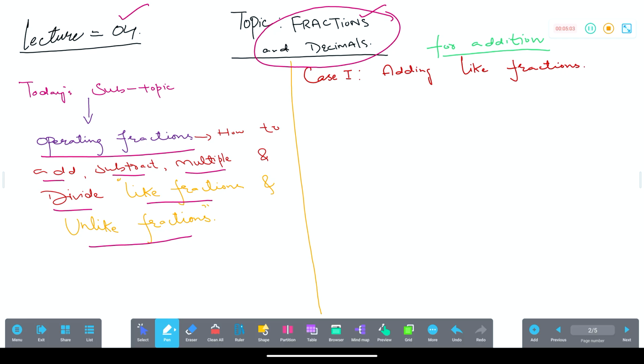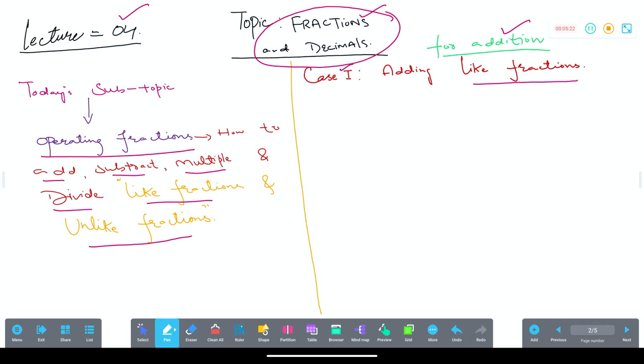For that we will first learn how to add fractions. When we take the operation of sum to add fractions, the first case that arises is adding like fractions.